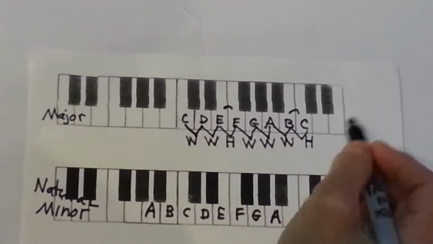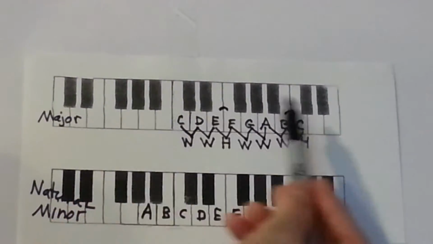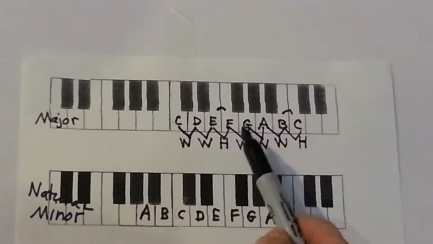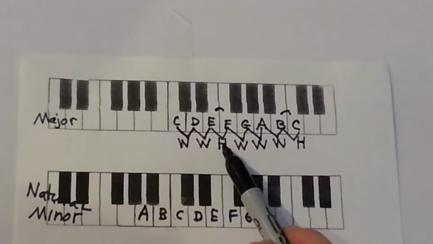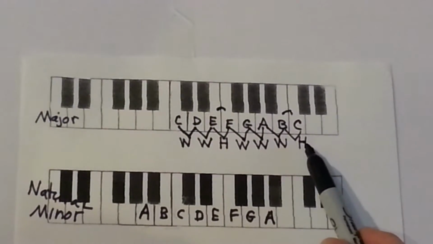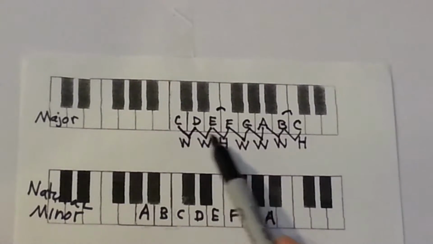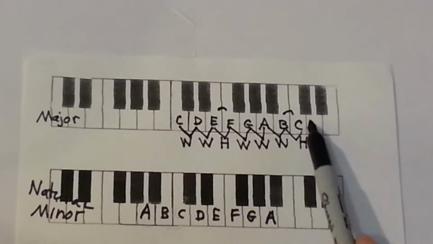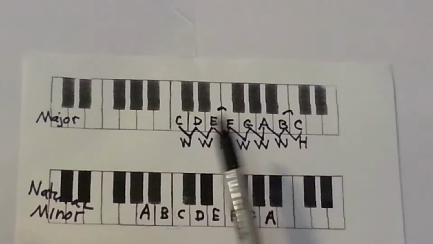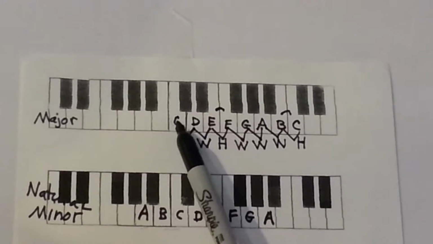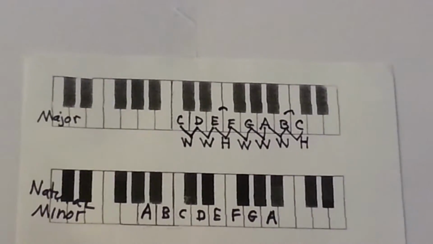So my pattern for a major scale is always 2 whole steps followed by a half step, 3 whole steps followed by a half step. But you don't even really have to memorize this if you just know what your piano keyboard looks like and you memorize that it is the scale of C. And then you have your pattern.